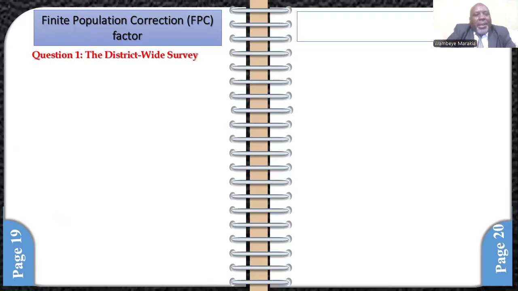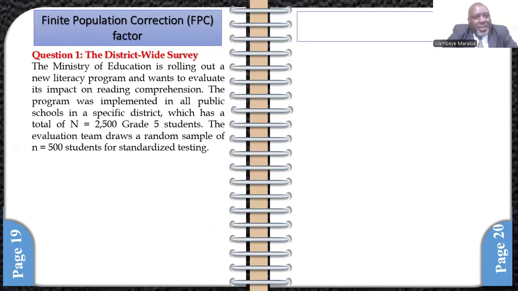Question 1. I've grouped these questions into different categories, and question 1 deals with the district-wide survey. The Ministry of Education is rolling out a new literacy program and wants to evaluate its impact on reading comprehension.